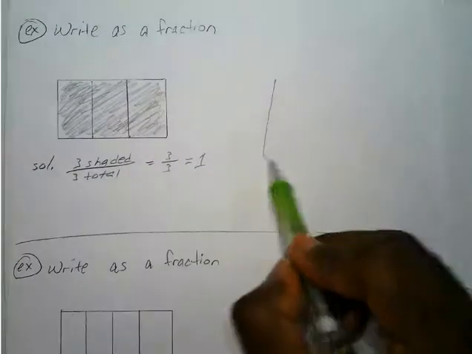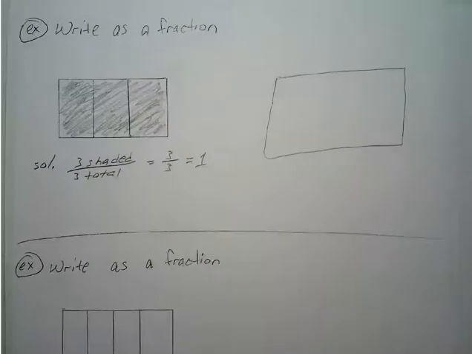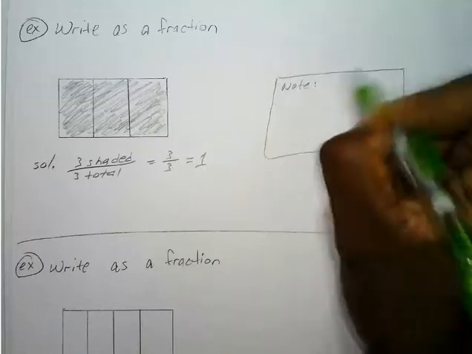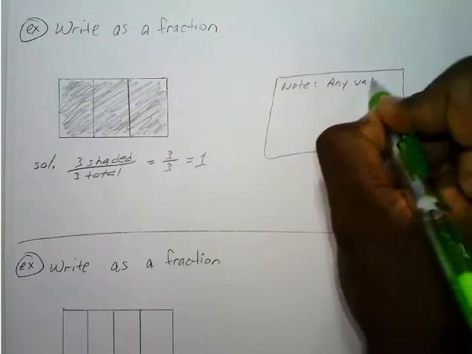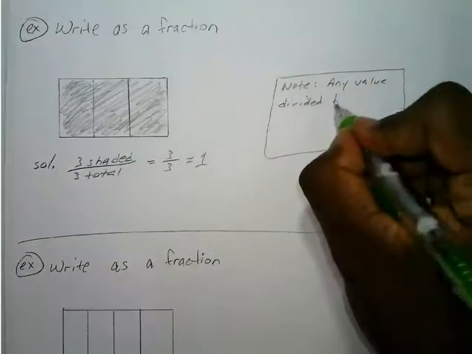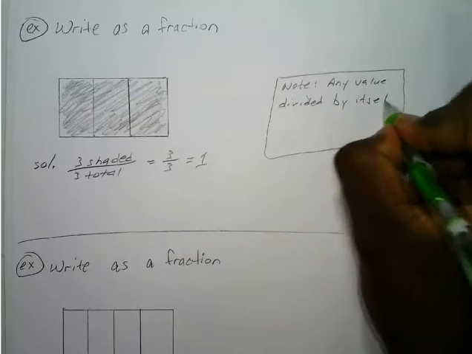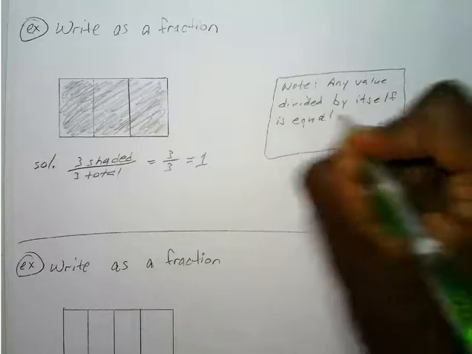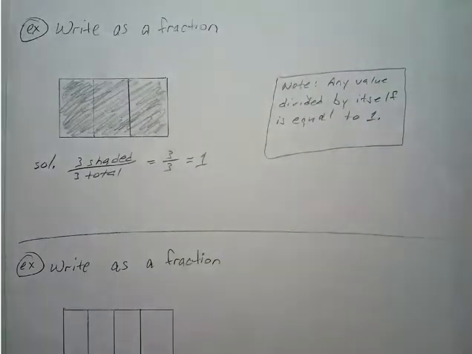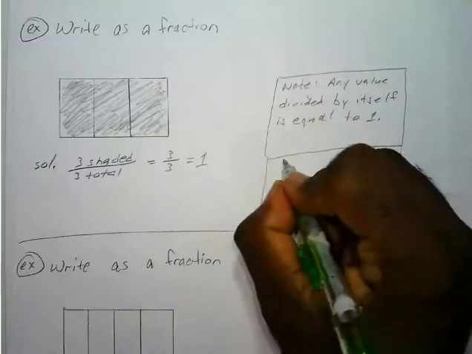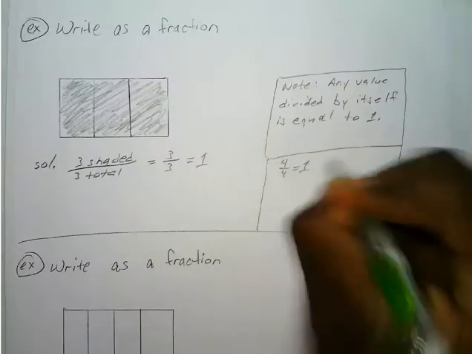Okay, so quick side note. Any value divided by itself is equal to 1. So if you have 4 over 4, that's equal to 1.